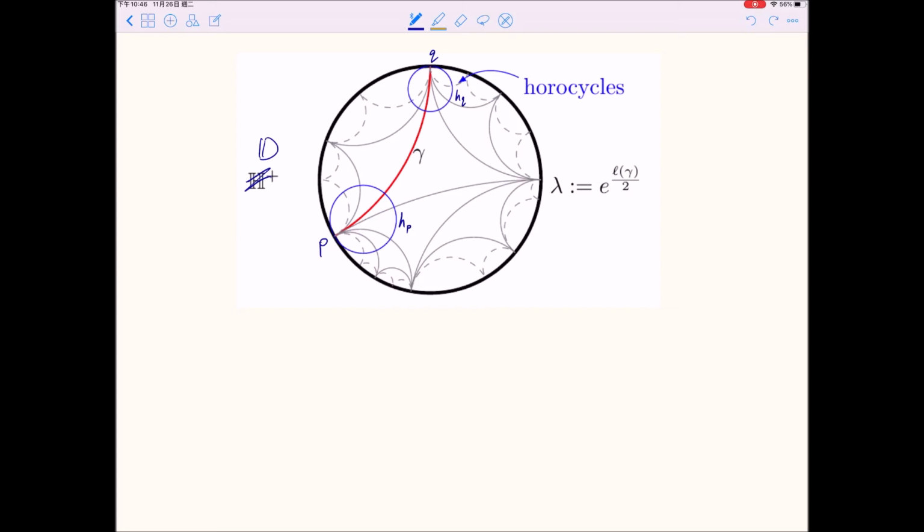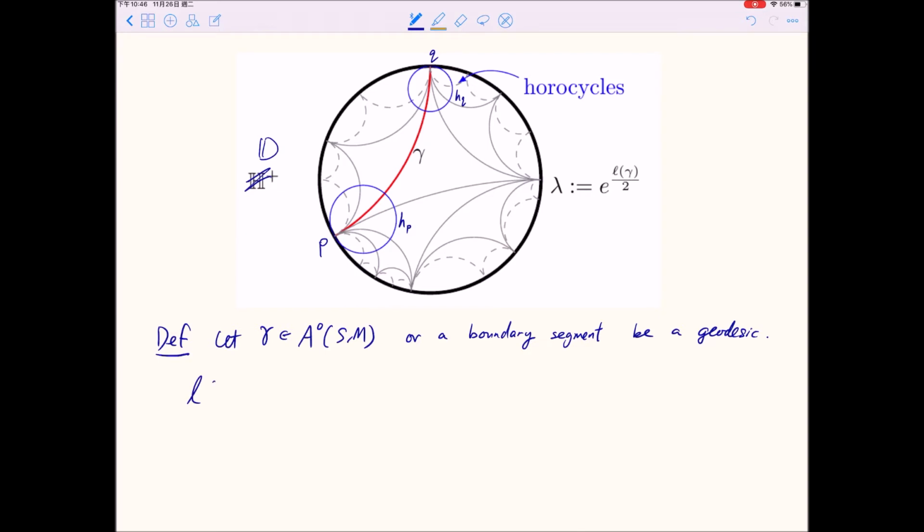So now to define the lambda length, which is already kind of in this picture. We let gamma be an ideal arc or a boundary segment, because we assume that the boundary components are also geodesics. So we can always choose the arc of the triangulation to be a geodesic naturally.